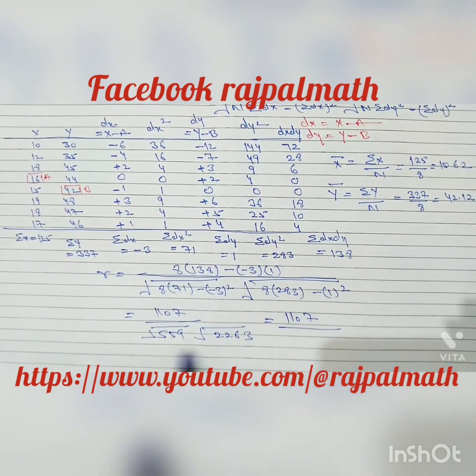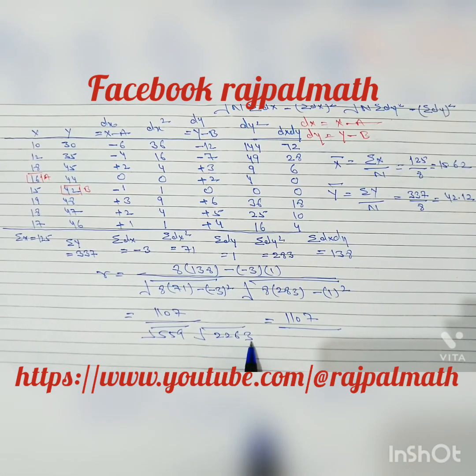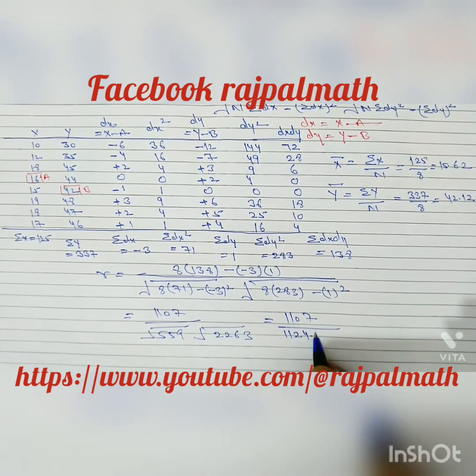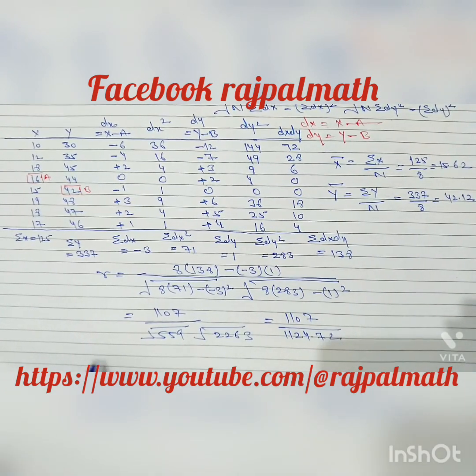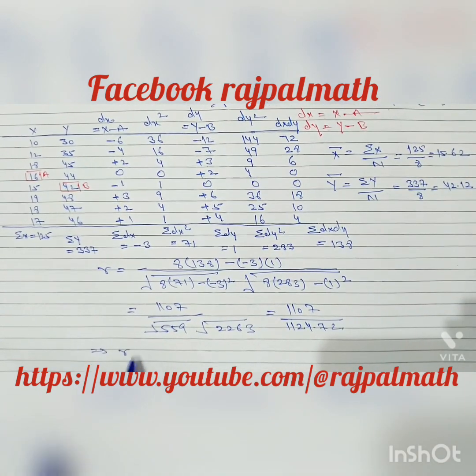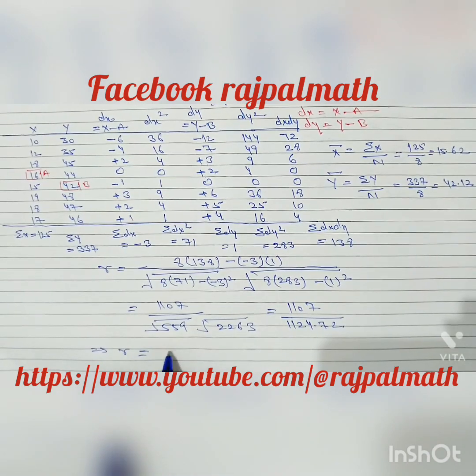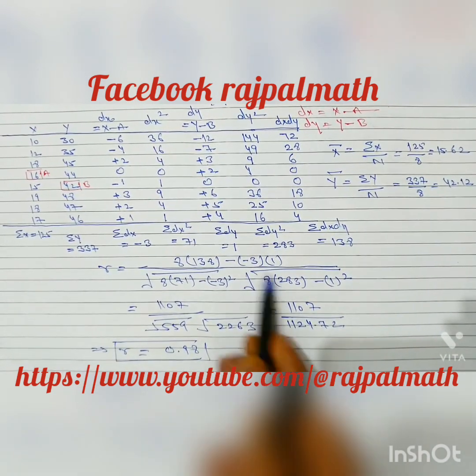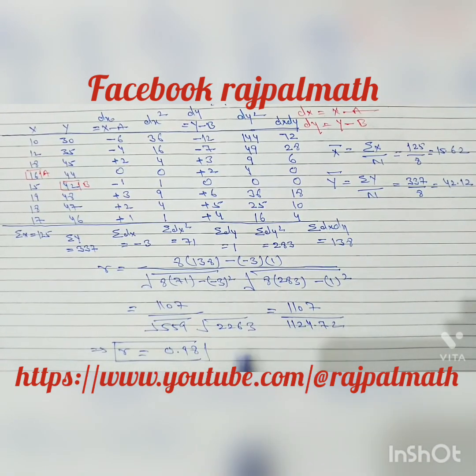1107 divided by the square root of 559 times 2263, which is 126507 under root, which is 1124.72. Therefore the r value, the Karl Pearson coefficient value, comes out to be 0.98 by calculating with a calculator.